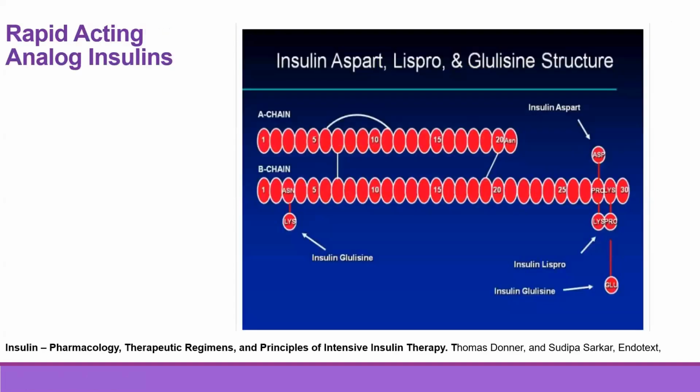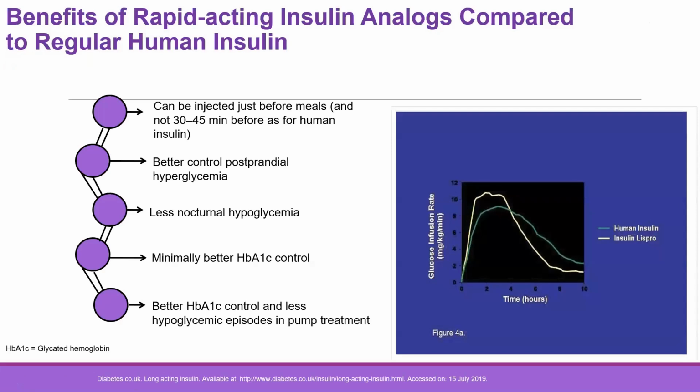For example, aspart, lispro, and glulisine are associated with some change in the amino acid sequence in the insulin B chain, and on the basis of the change in the amino acid, the three different varieties of insulin were developed. And as I've told you, they have subtle advantages over and above the conventional regular insulins.